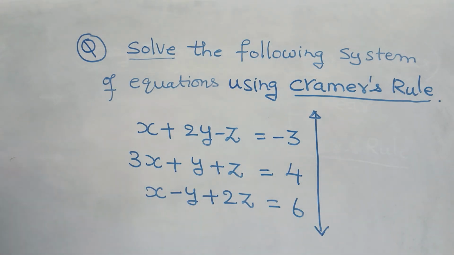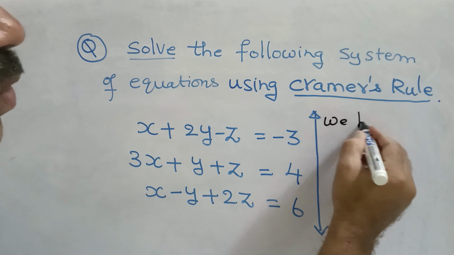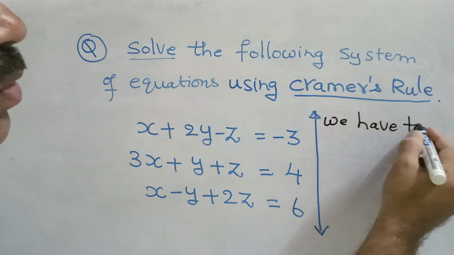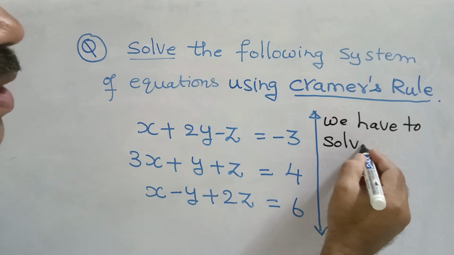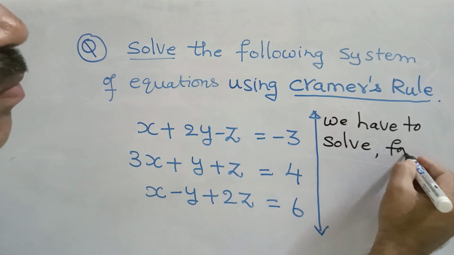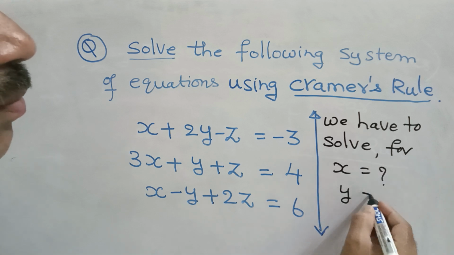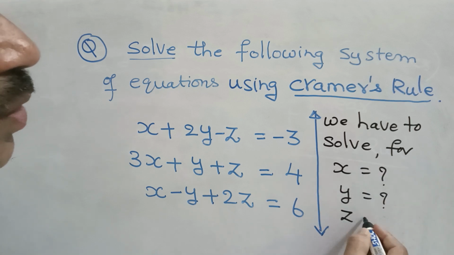We have to solve for the values of x, y, z. Remember that we have to solve these given equations for the x value, y value, and then the z value. So this is our task.